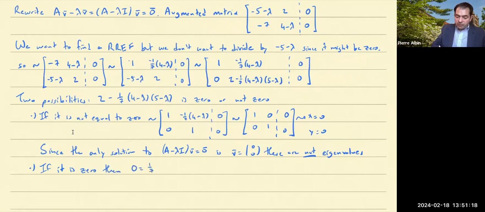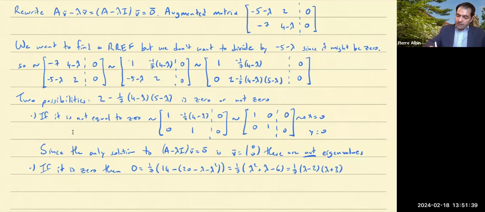Let's pull out a common factor of 1/7. And so then I would have 14 minus, and then if I do that product, 20 minus lambda squared. So altogether, that's 1/7 times lambda squared plus lambda minus 6, or 1/7 times lambda minus 2, lambda plus 3.